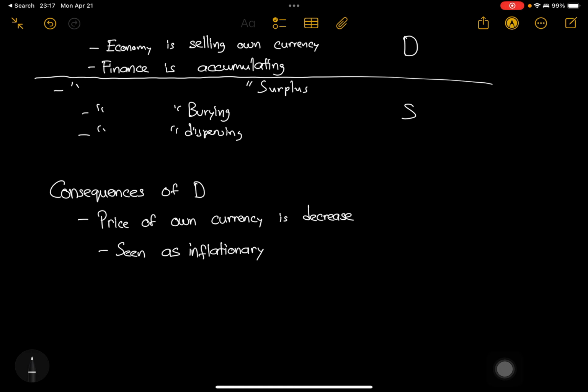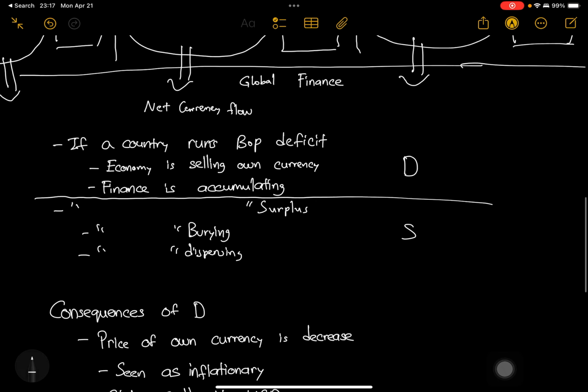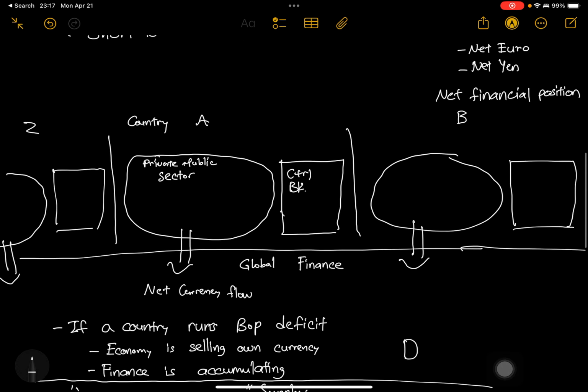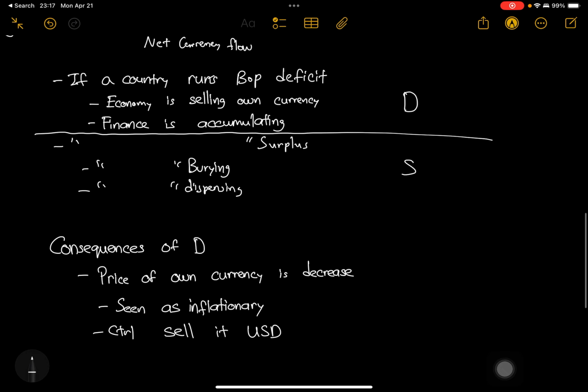But I'm sure I've covered this in another video. But for the purposes of Forex, the important thing it can also do is sell its US dollars. And it can basically reclaim the excess. If we're talking about Britain here, country A is Britain. Britain's running a deficit. Running a deficit means that it's pumping out pounds to the rest of the world.